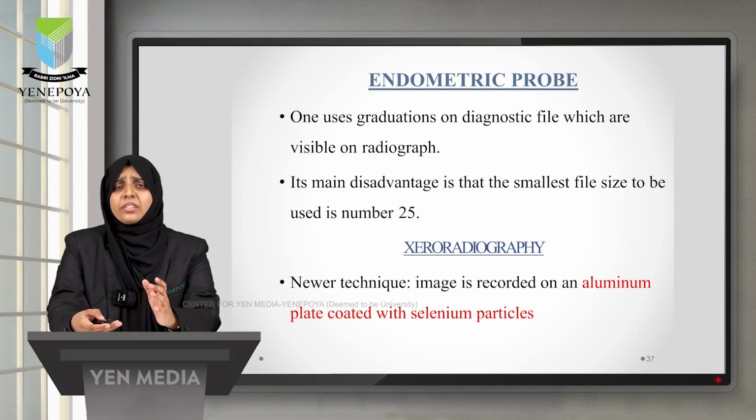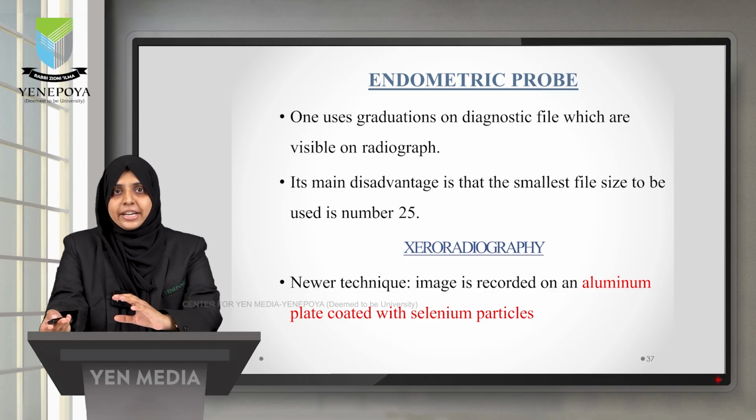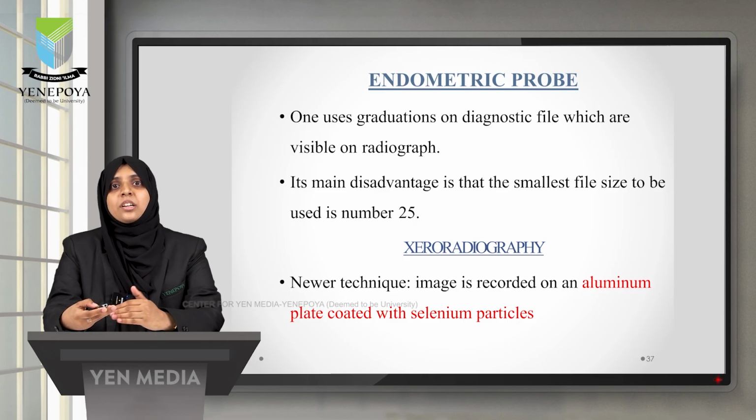This plate is subjected to relaxation, by which the older images are removed, after which it is electrostatically charged, and then radiation is projected on the plate. Then you get a latent image. This latent image has to be processed using a developer, and then you get a positive image.